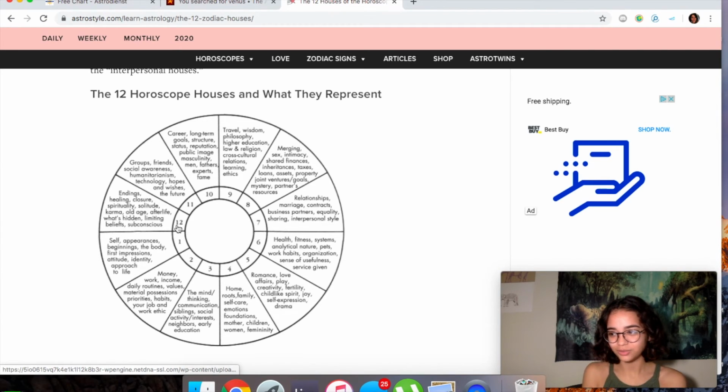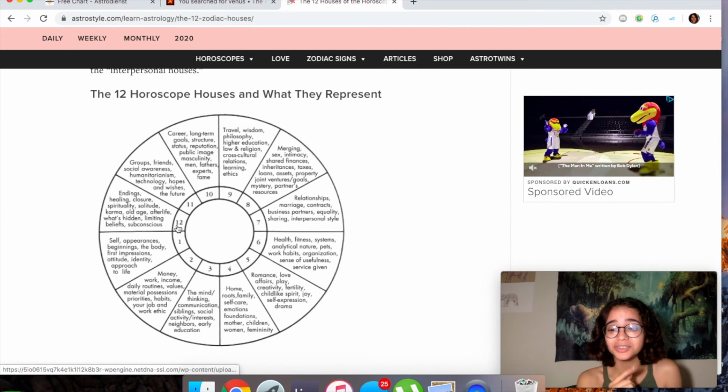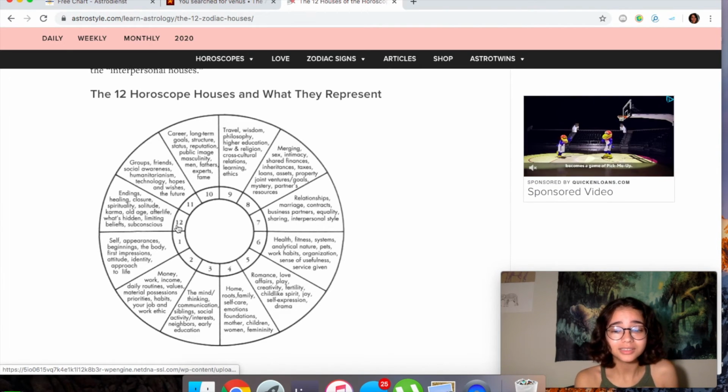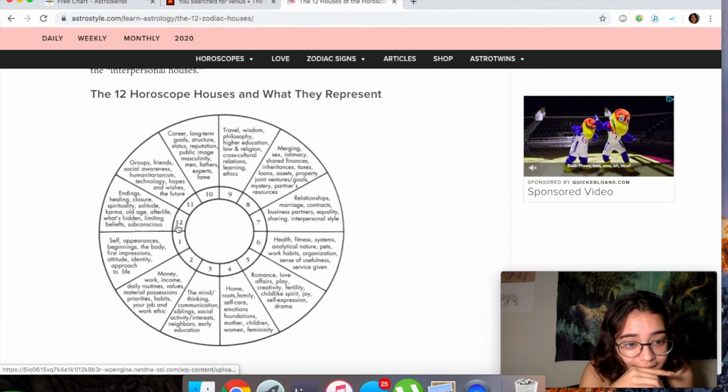It's something about shiny things. I don't know where I was going with that, but Jupiter is expansive and lucky. Pisces and Sagittarius are probably the luckiest signs in all the zodiac.